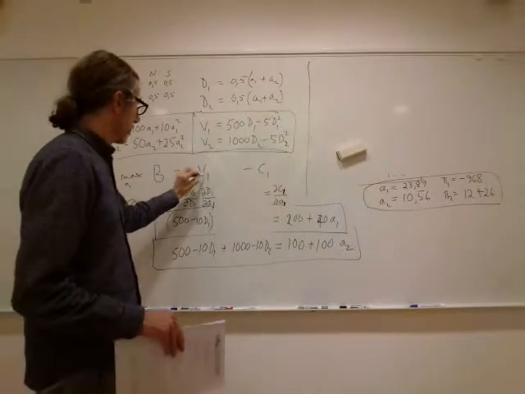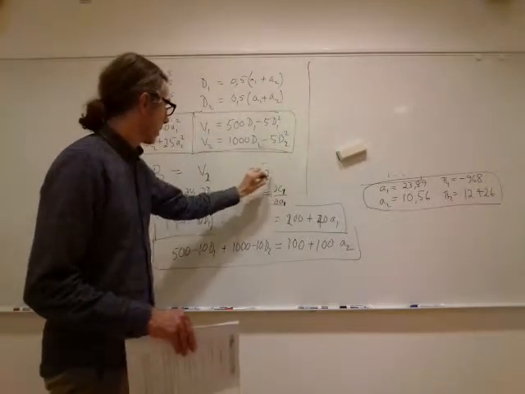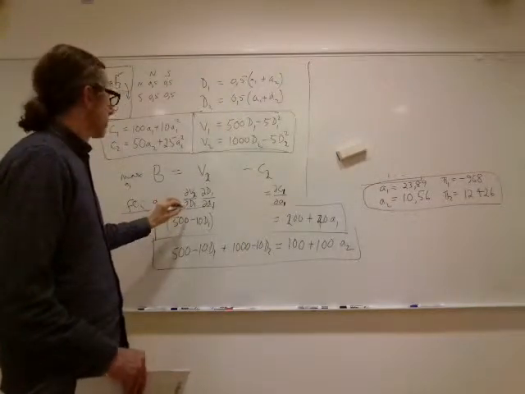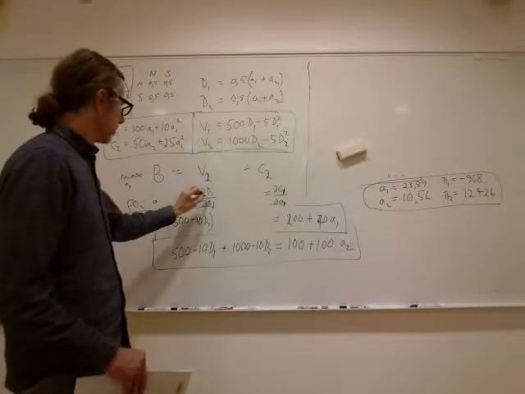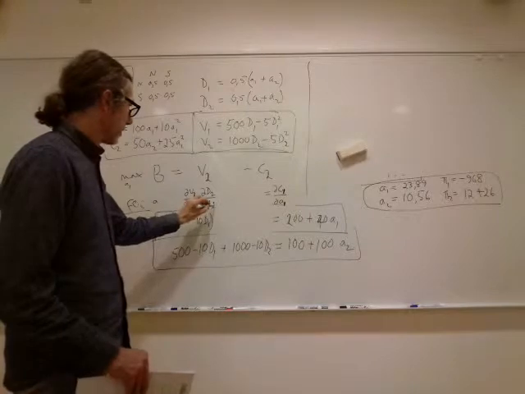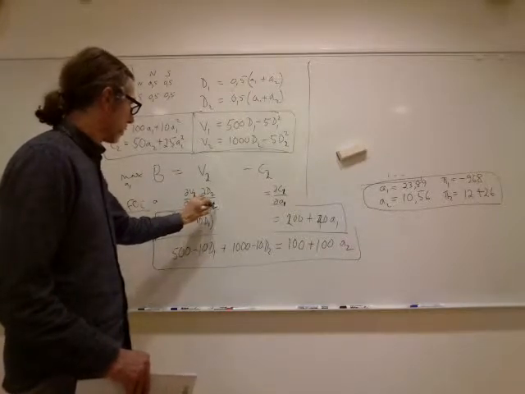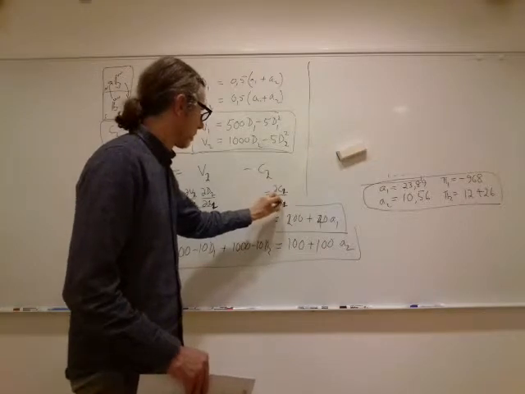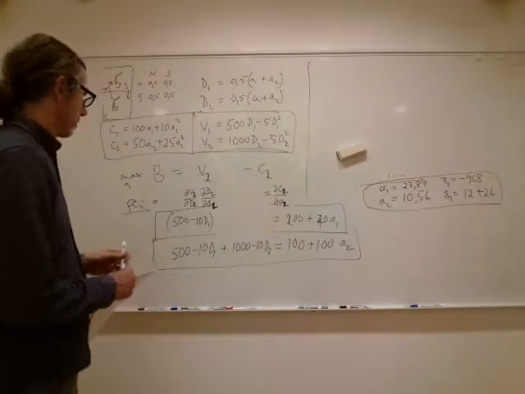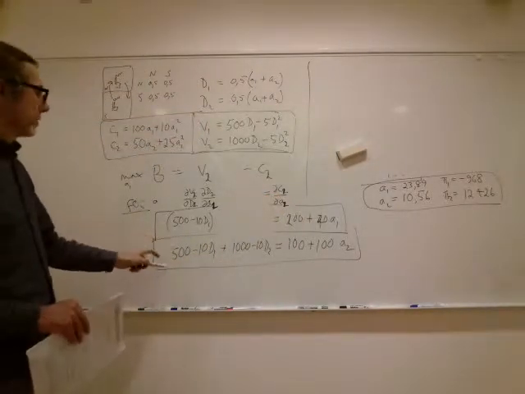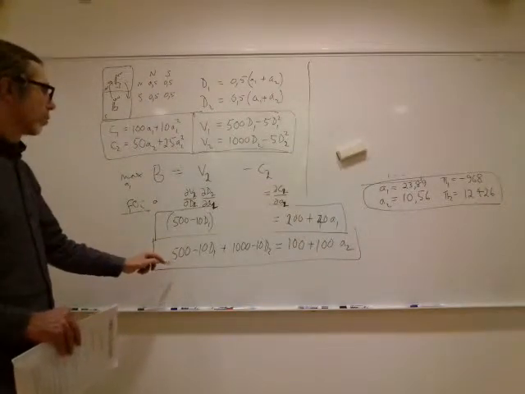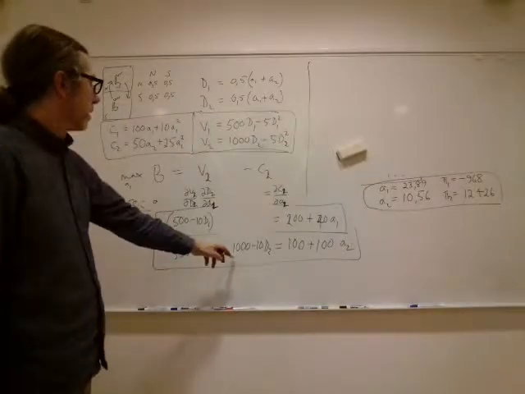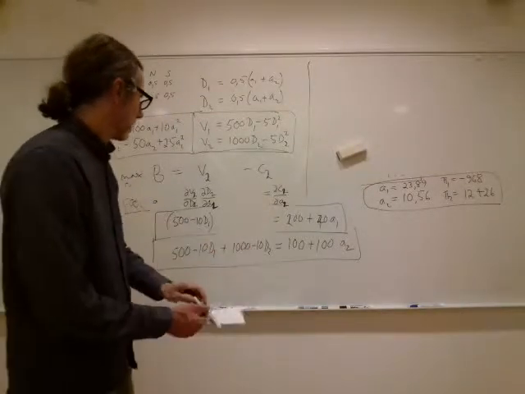For country 2, we've got V2 minus C2, and it's dV2/dD2 times dD2/dA2 minus dC2/dA2. dV2 by dD2 is 1,000 minus 10 D2.